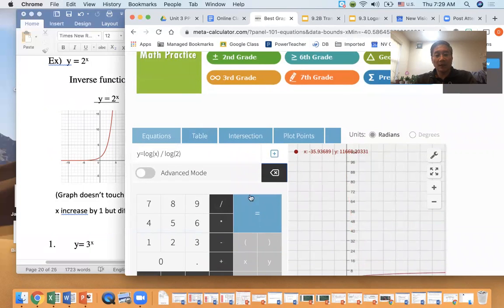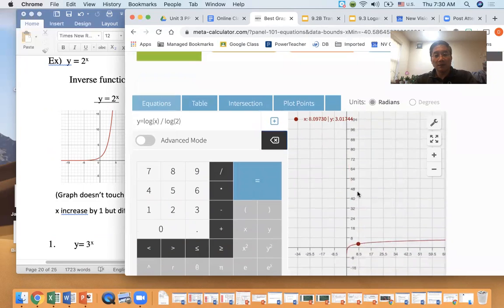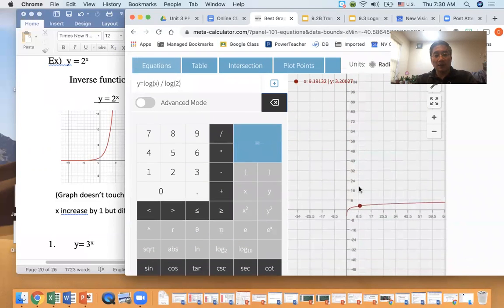And then if you enter, look at this. Now the graph looks like it touches the y-axis, but actually it doesn't touch. It goes close, close, close, and keeps going down to negative infinity, but never touches. Just remember, log function has a vertical asymptote, right?